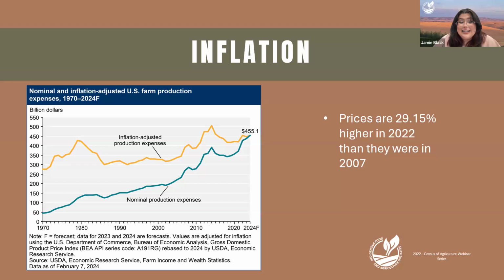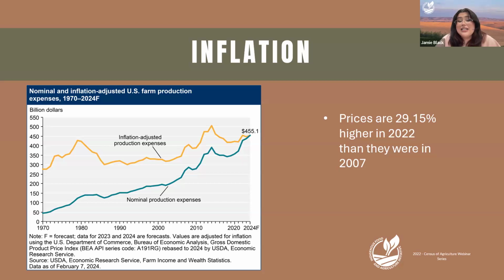And then the inflation rate in 2007 was 2.85%, and the inflation rate in 2022 was 8%. So it's higher compared to the average inflation rate of 3.31% per year. Again, we all know that inflation has hit hard, but we're including this because this is a huge part of prices of production.